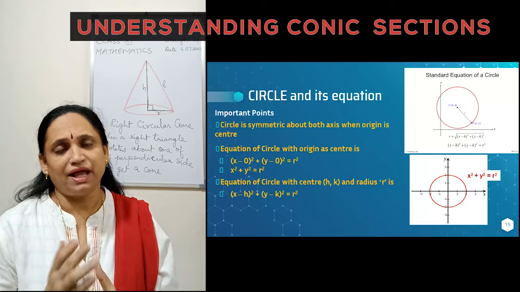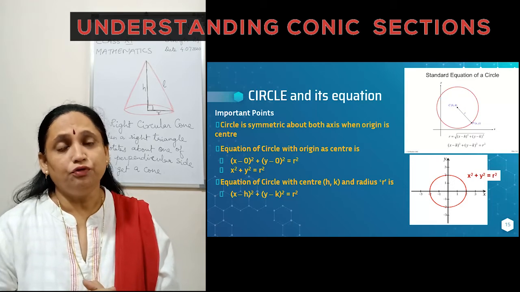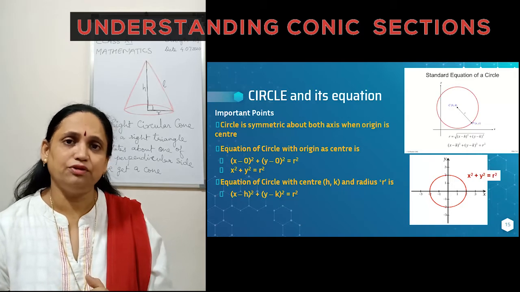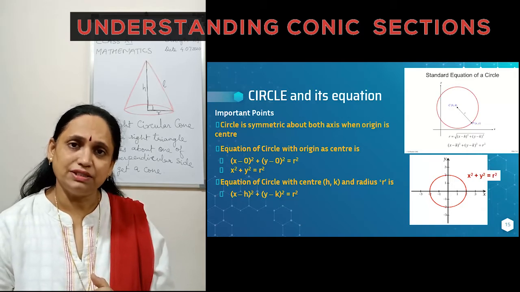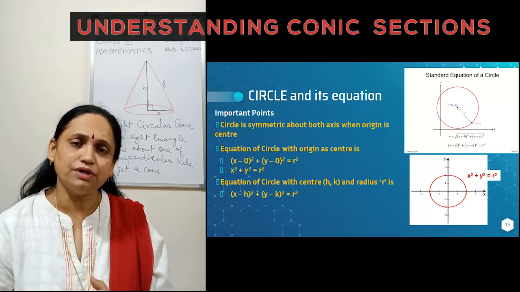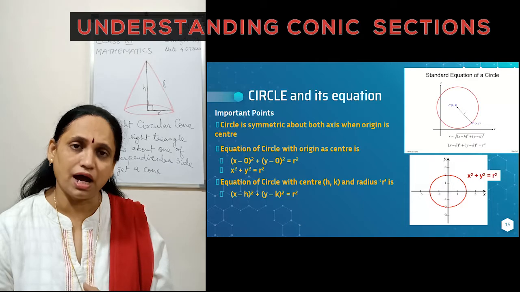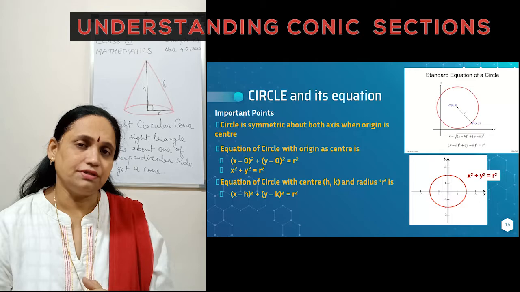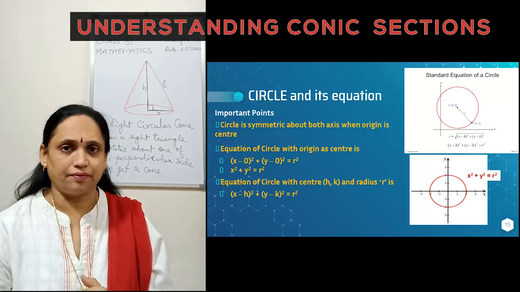We simply apply the distance formula to find the equation of the circle. That is (x - 0)^2 + (y - 0)^2 = r^2. When we simplify, it is simply x^2 + y^2 = r^2. This is the equation of a circle when the center is the origin and the radius is r.